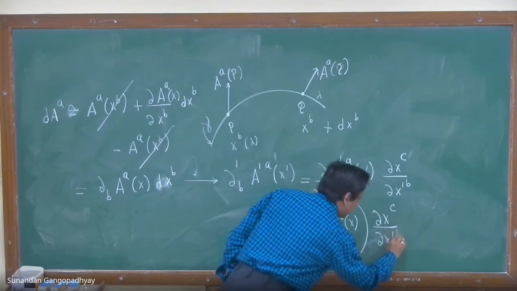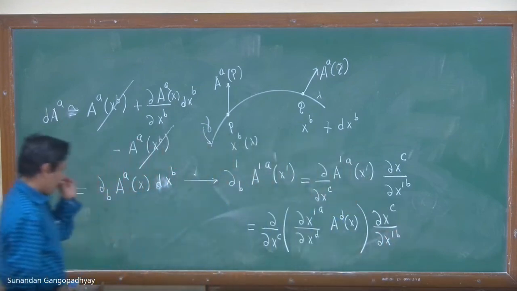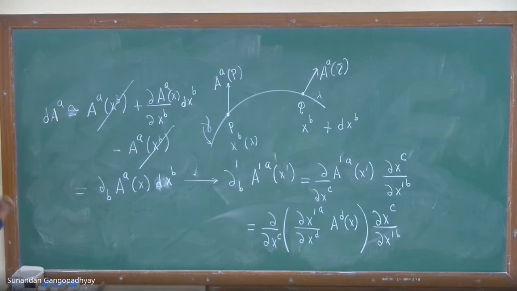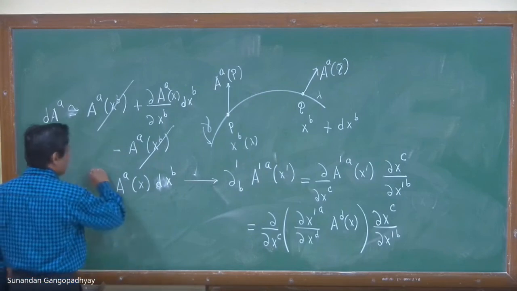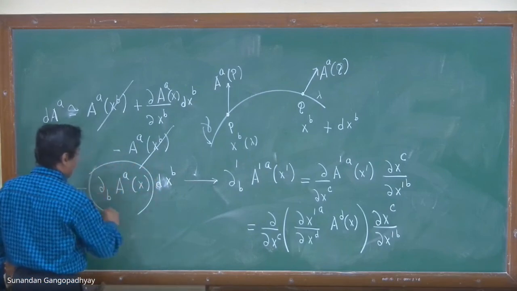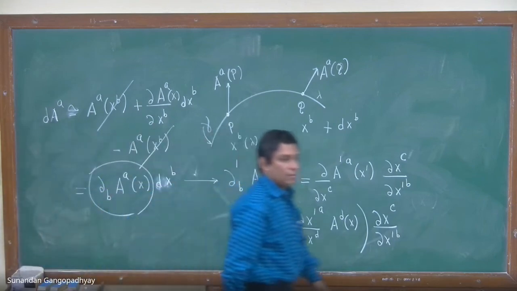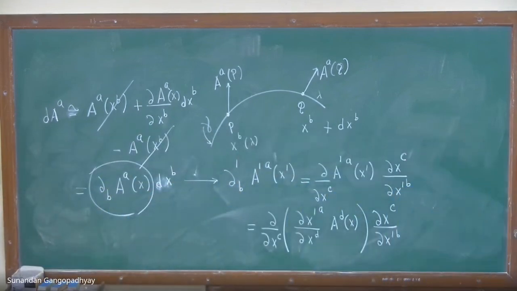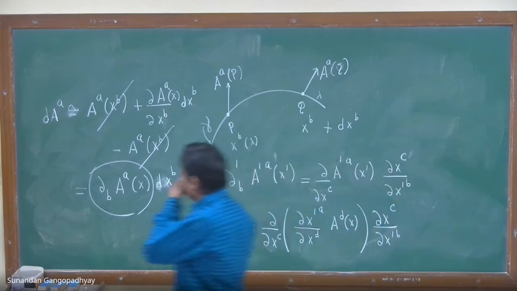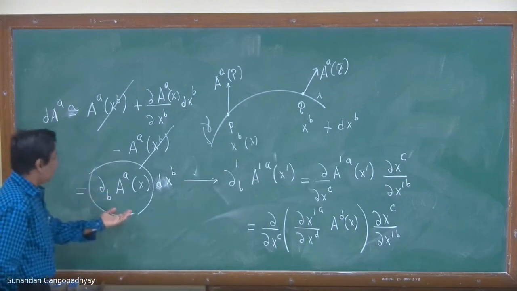Let us look at this. That is a differential. We cannot say whether the total thing is tensorial or not, but this is a differential. I am only worried about this coefficient.